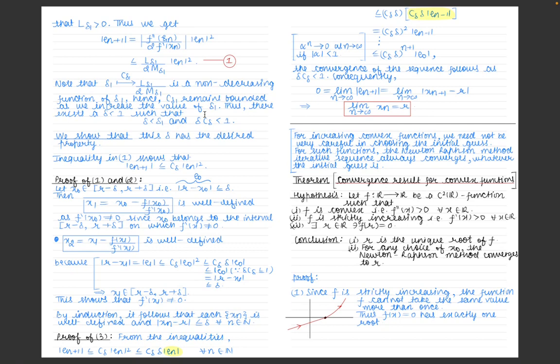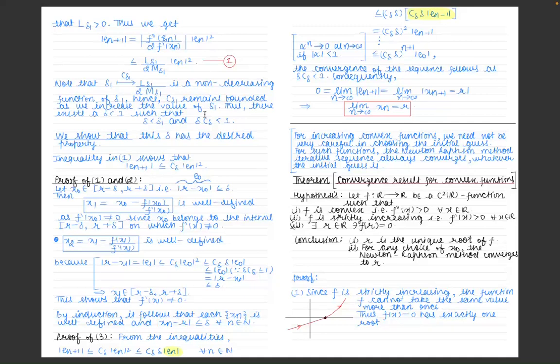But again you use this inequality on En, this happens for all n, which means if you apply the same inequality on En, you will get C delta delta as it is, and for this En you will get it is less than or equal to C delta delta mod En minus 1, right?